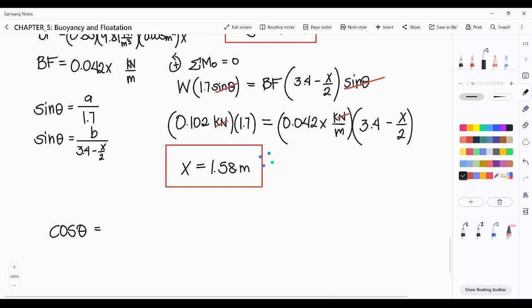Nakuha na natin si x. 1.5 over 3.4 minus x. Ano yung x natin nakuha? Ito, 1.58.